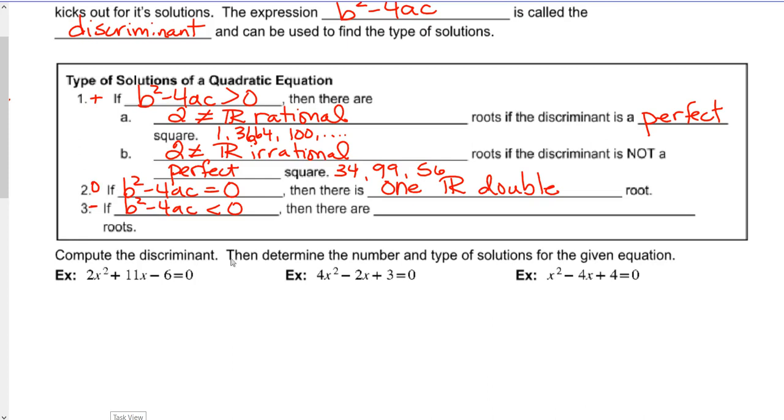All right, and then if we have negative numbers underneath the square root, like the square root of negative 100 or the square root of negative 7, those are going to give us 2 unequal imaginary conjugates.